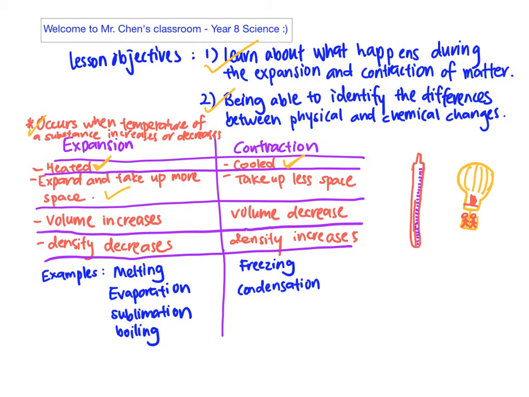So in expansion, it takes up more space. The reason it takes up more space is because it gains more energy and just goes everywhere, bouncing. On the other hand, in contraction, it takes up less space. The reason is that they're all congregated together, because they lost energy, and when they lose energy, they're not as active anymore.